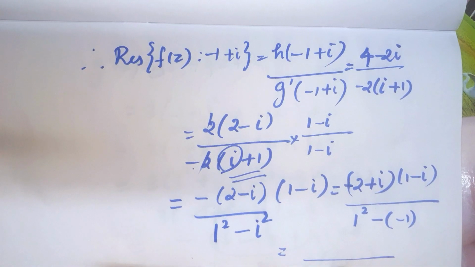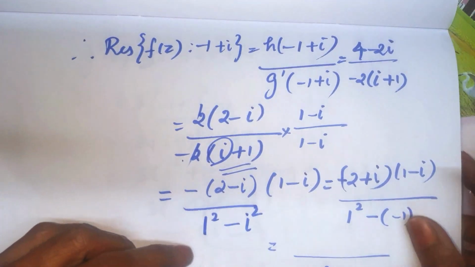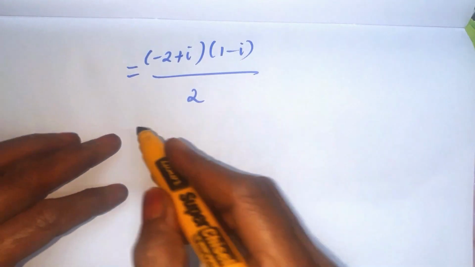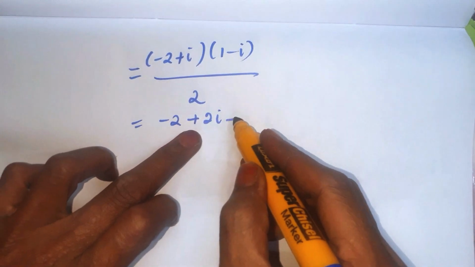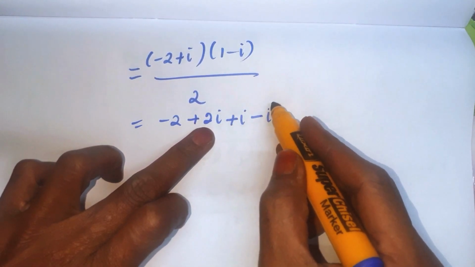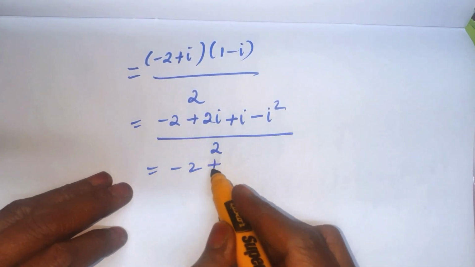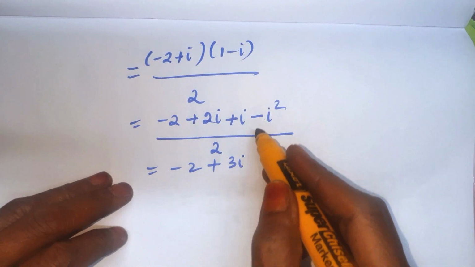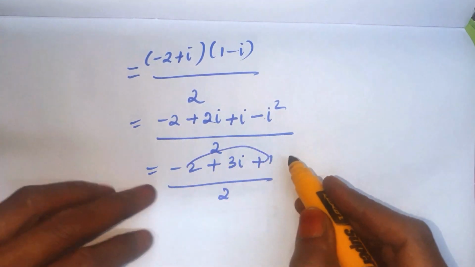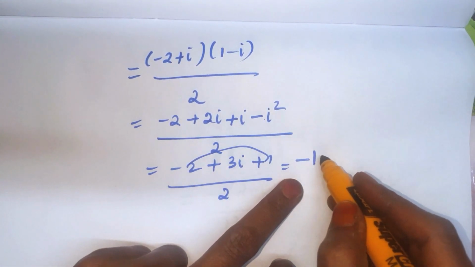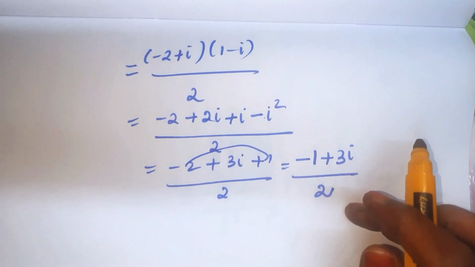So finally in the denominator we will have 2. When we expand this, minus 2 plus 2i plus i minus i squared by 2. This is minus 2 and this is 3i. i squared is minus 1, minus into minus plus. When we add these two, it is minus 1 plus 3i by 2. This is the final answer.